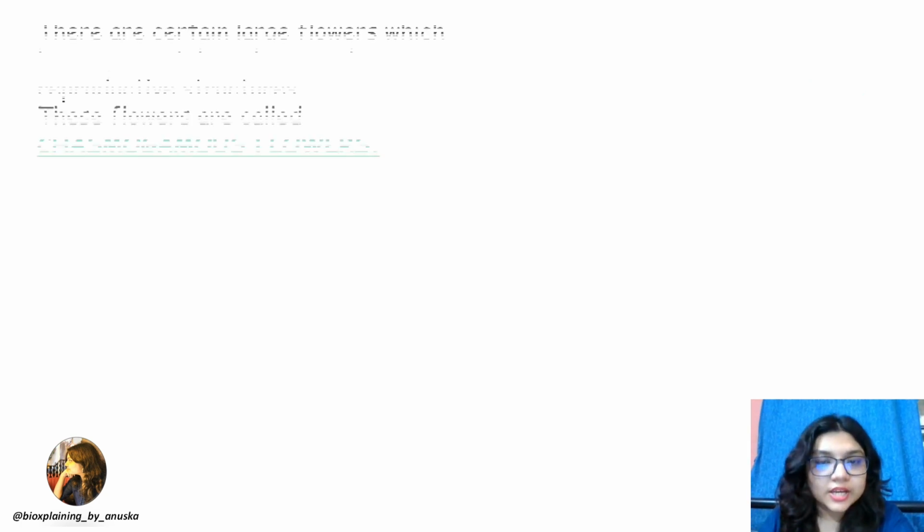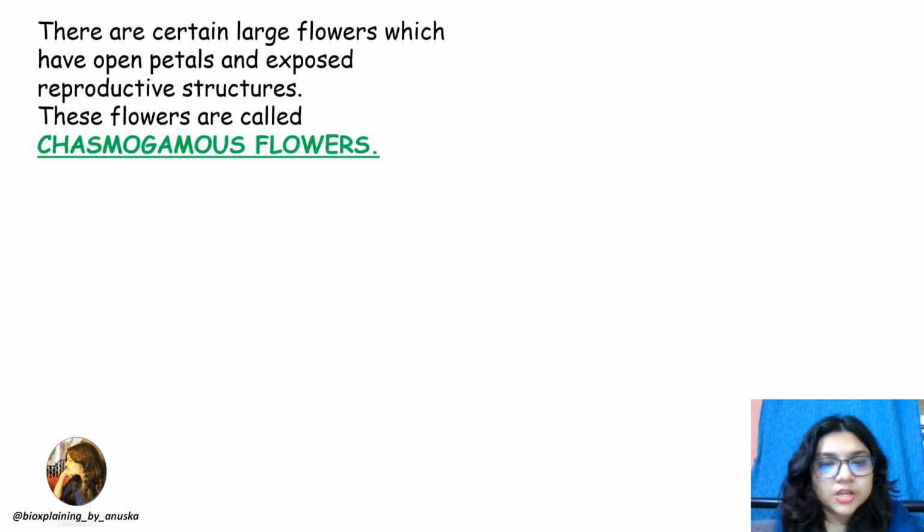Okay, so now there is a category of flowers called chasmogamous flowers. What are these flowers? They have their reproductive structures exposed because of open petals. Right, so because the petals are open, all the internal structures, the androecium, the gynoecium, are very well exposed. So these flowers are known as chasmogamous flowers.